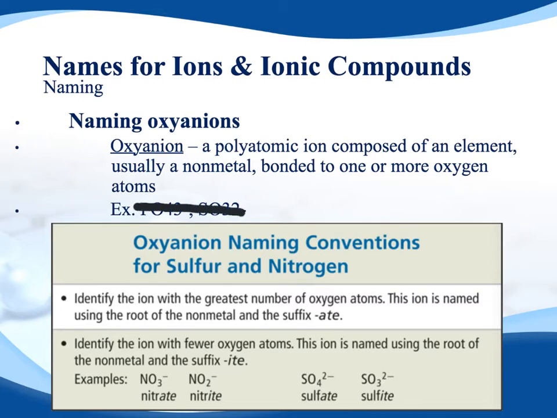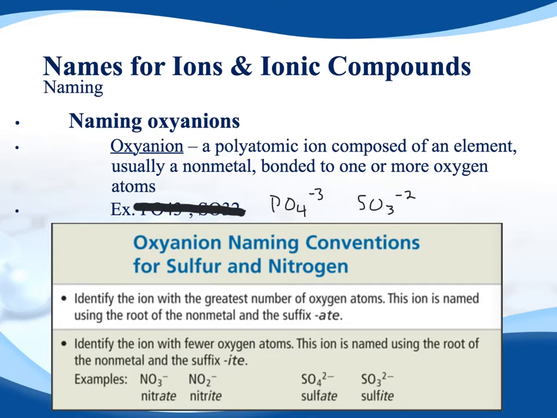So we're talking about any polyatomic ion that contains oxygen in it. PO4 -3 is a phosphate ion. SO3 -2 is a sulfite ion. So any polyatomic ion that contains oxygen and another, usually nonmetal, element.